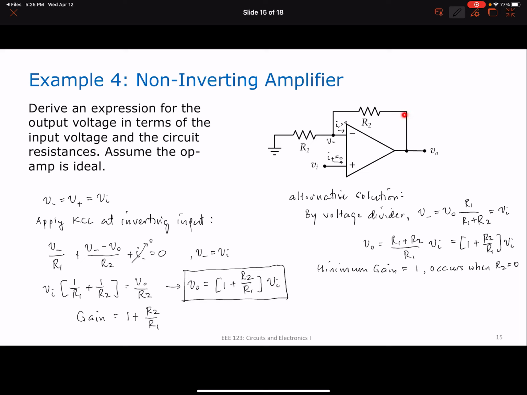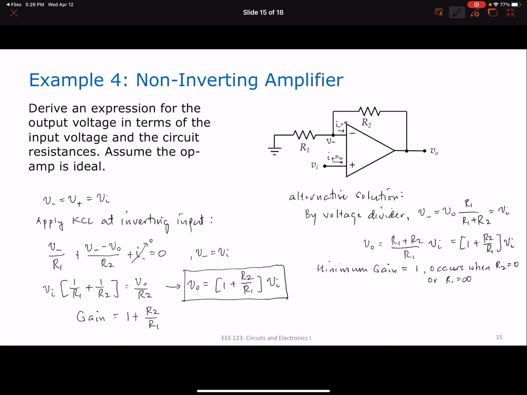So if I short this resistor, R2 is equal to 0, automatically my gain becomes equal to 1. That also occurs when R1 is equal to infinity. If R1 is equal to infinity, this becomes 0, and my gain is equal to 1.